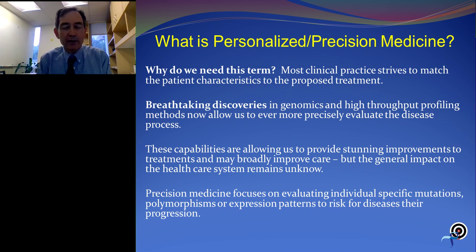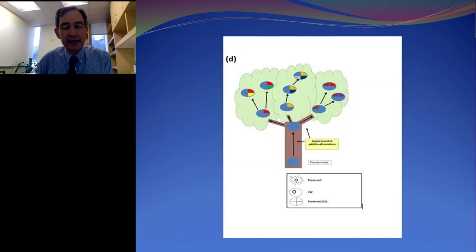With precision medicine, we can evaluate individual specific mutations or polymorphisms and changes that are occurring in expression of RNA, and so better tailor the treatment to the specific characteristics of what's happening with the disease.